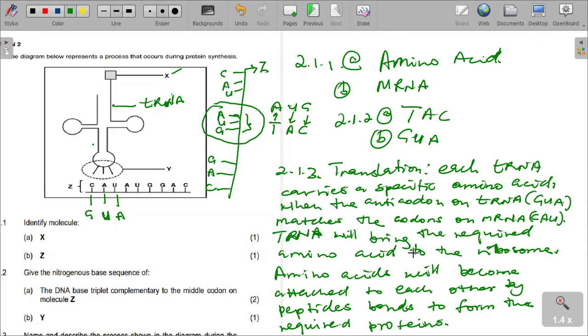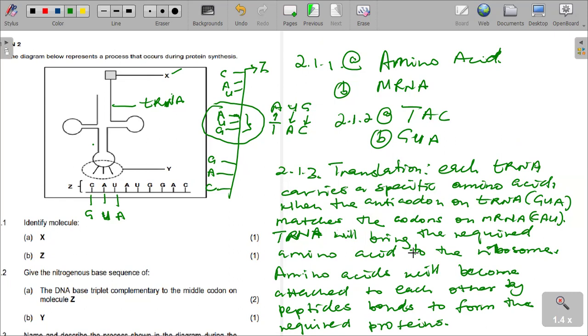Protein synthesis is the process through which proteins are formed, prompted by the ribosome as it reads the order of the codons on the mRNA.